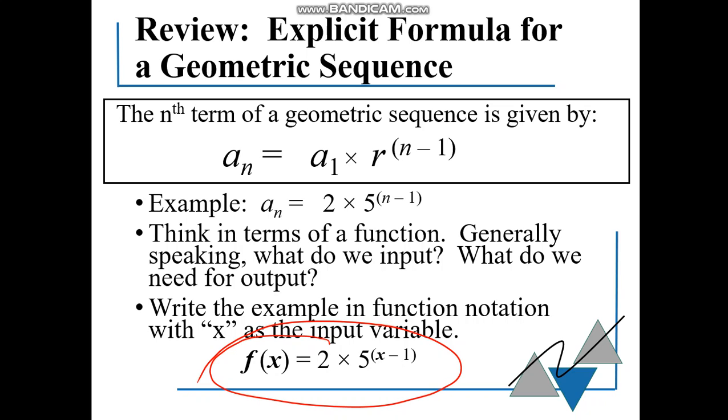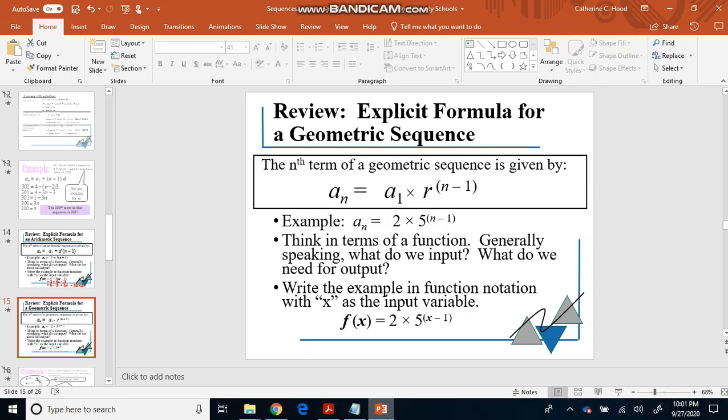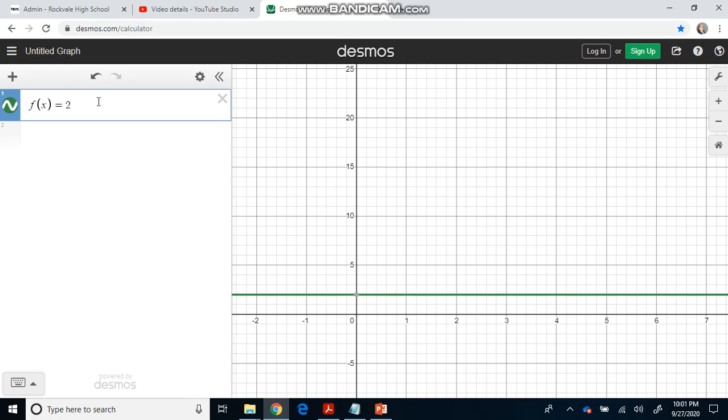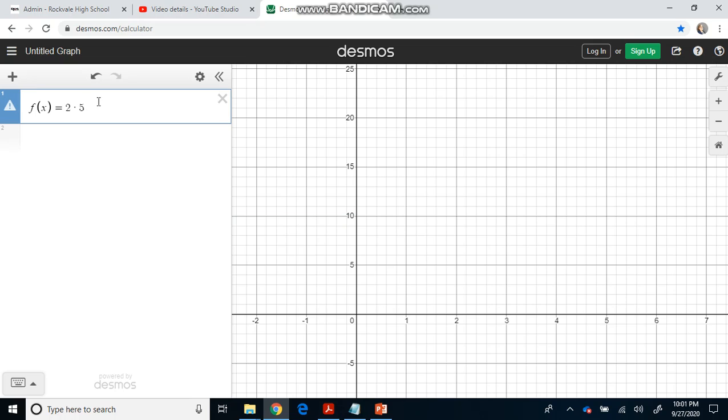So it's 2 times 5 raised to the x minus 1 power.